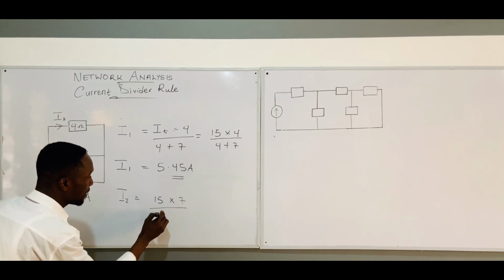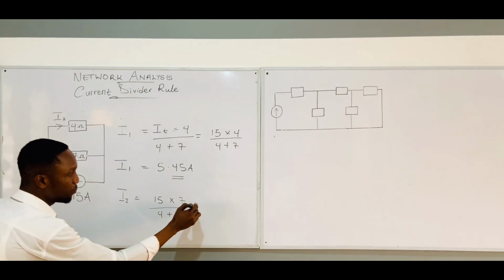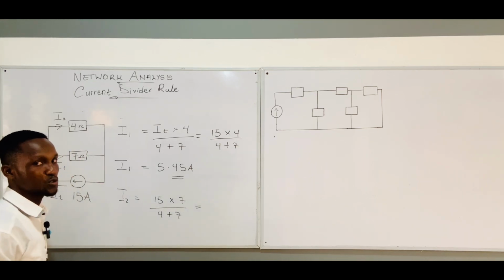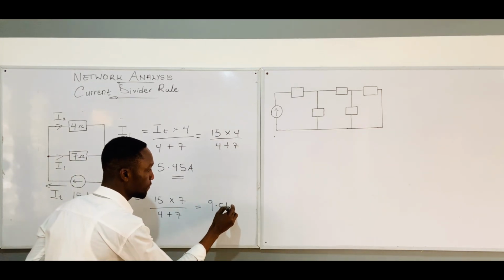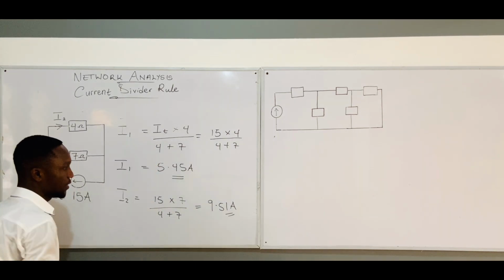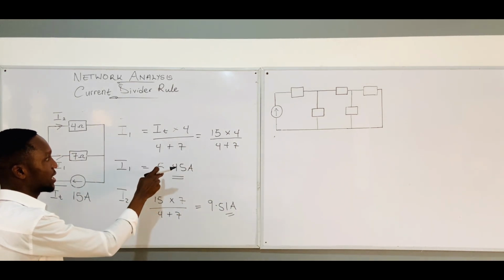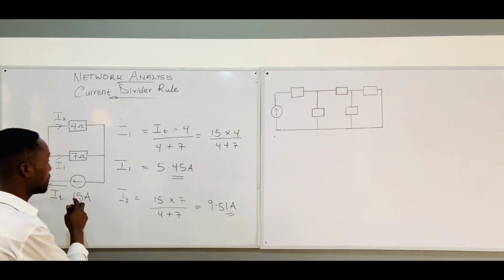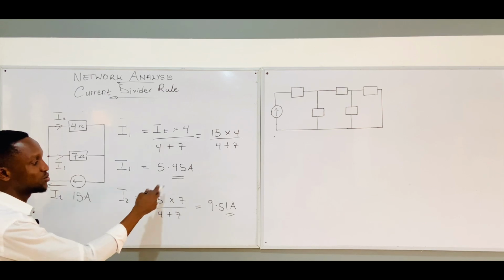Divide the result by 4 plus 7. Now when you punch this on your calculator, the result is 9.51 amps. The other way you can solve this is by subtracting this result from the 15 to get your I2. You don't need to use this formula.